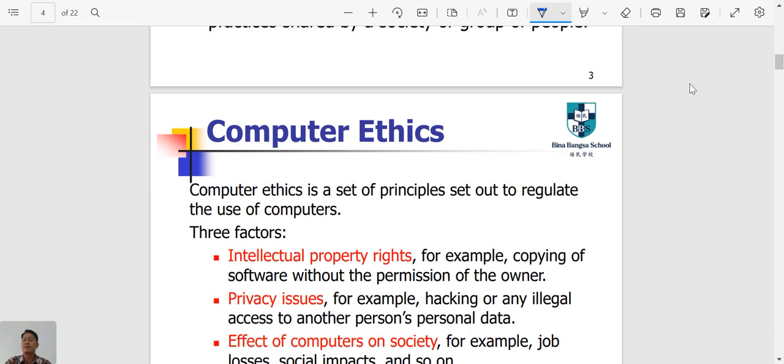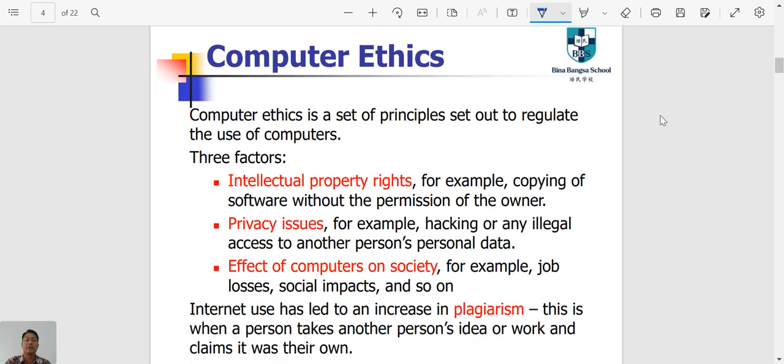Now, let's move into a more specific one. We are talking about computer ethics. These are considered a set of principles set out to regulate the use of computers. When we talk about the use of computers, this is already integral to the use of different software that is actually going to be stored in the computer system.